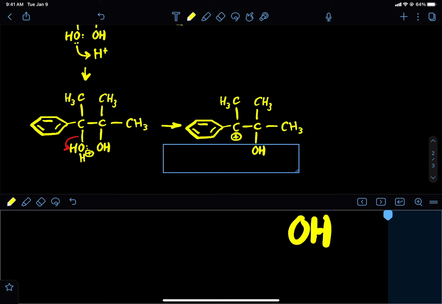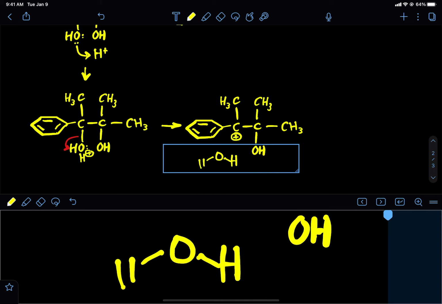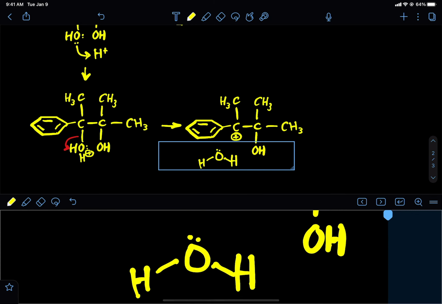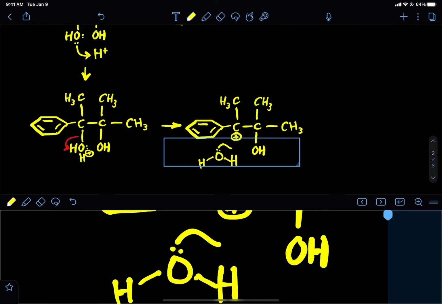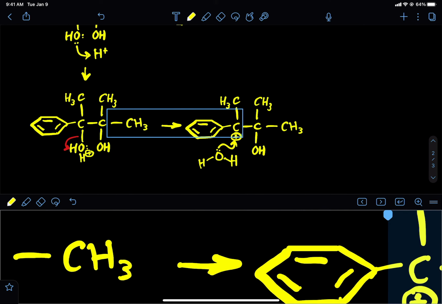And eventually, water's likely to just add back in. And now we've got equilibrium again, right? Now we've got a forward and a backwards reaction. But we never get anywhere. We're never going to proceed to a new structure.